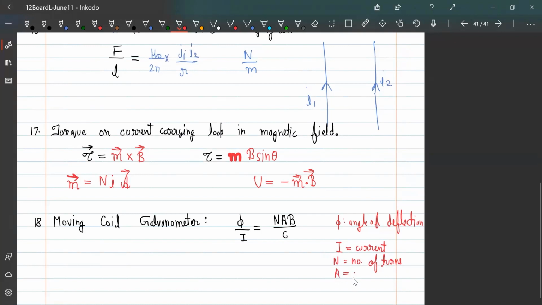A हो जाता है area of loop. B जो permanent या external magnetic field है, उसकी वैल्यू है magnetic field. और C क्या होता है? C वायर को रोटेट करने में रेजिस्टेंस होता है. F is equal to kx होता है, वैसे tau is equal to g theta होता है और c theta होता है. So C is called the torsional constant.